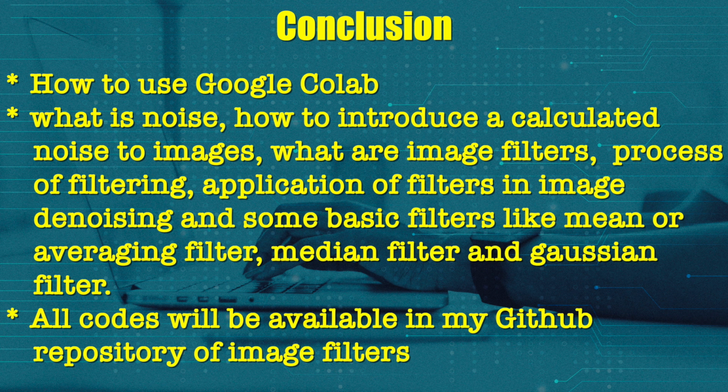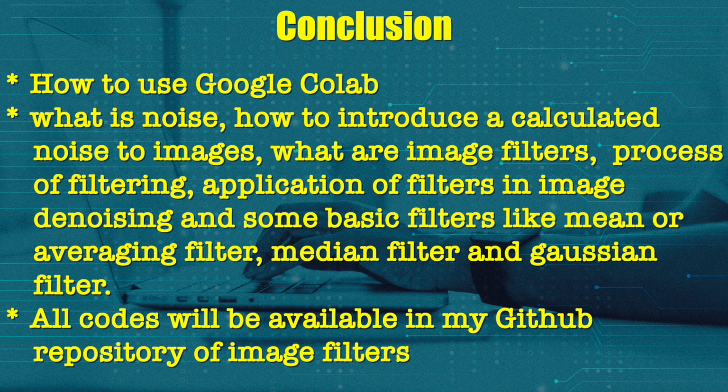Then what the image filters are, how a filter works, what convolution is, and the process of convolution. I had given one example of an image, a small matrix, taking a filter of 3x3 size, and then applications of filters in image denoising.